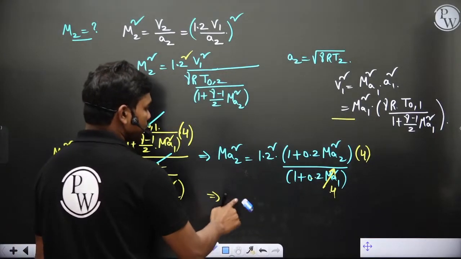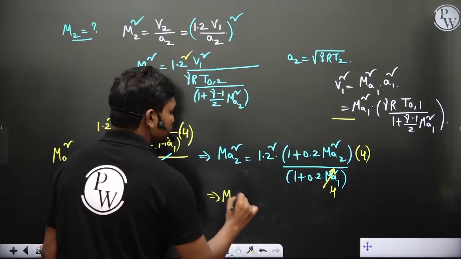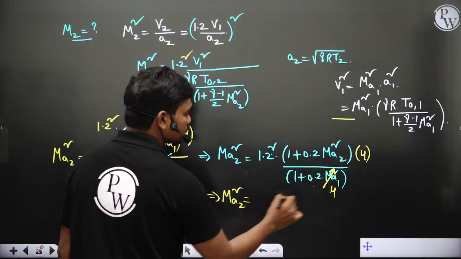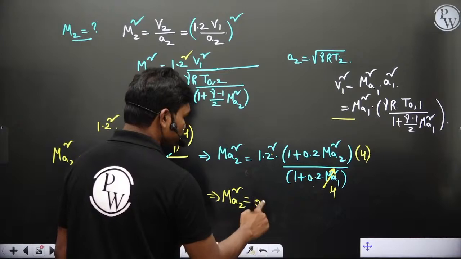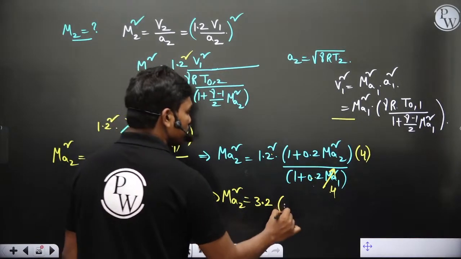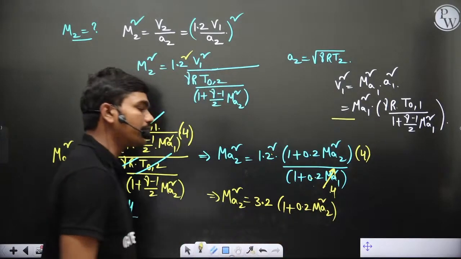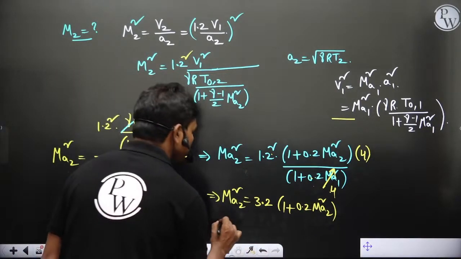Again, Ma2 square is equal to 1.2 square by 0.8 into 4, that is 3.2, times 1 plus 0.2 Ma2 square. If you simplify this, you'll get the answer.